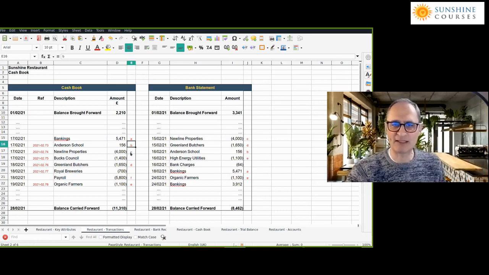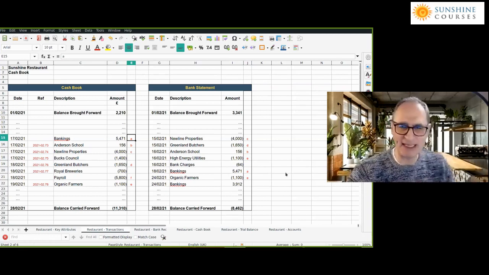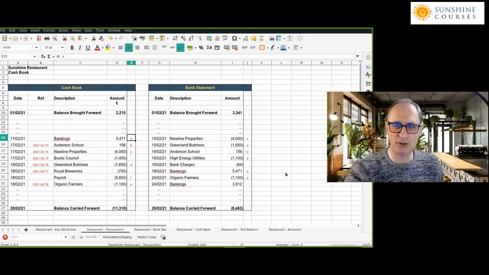So by using letters or numbers, or more sophisticated codes, you can distinguish if you've misallocated or misticked at a later date. In this case, you can see all the items that I have reconciled.